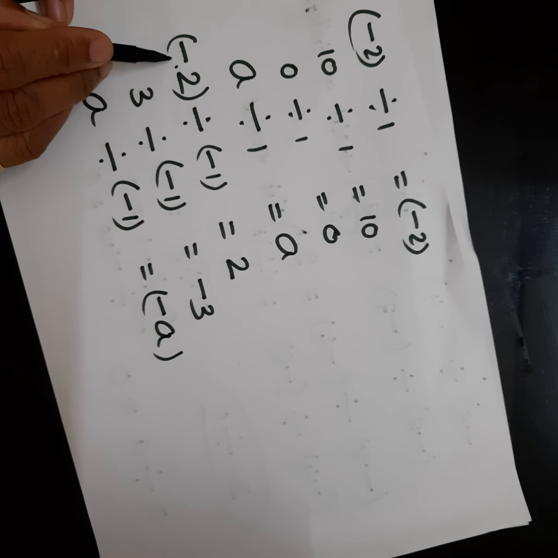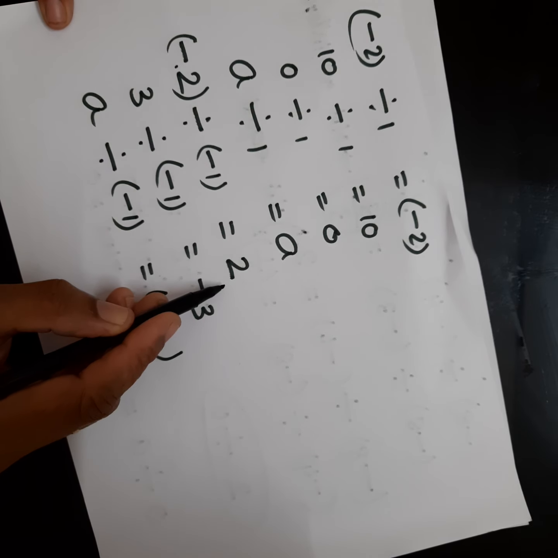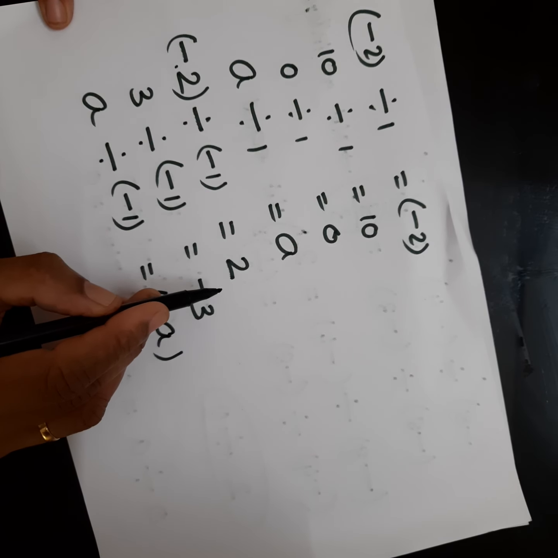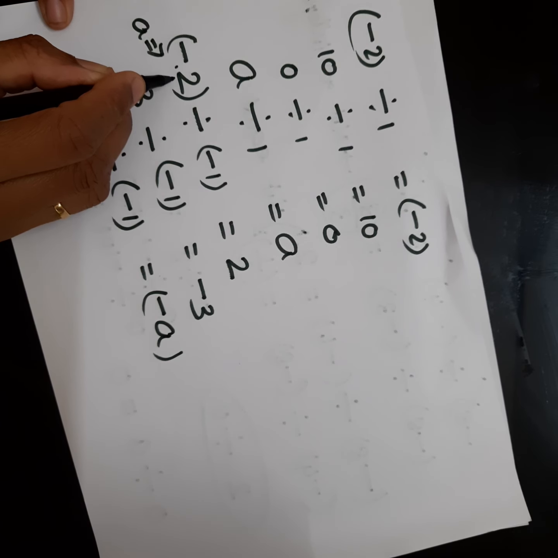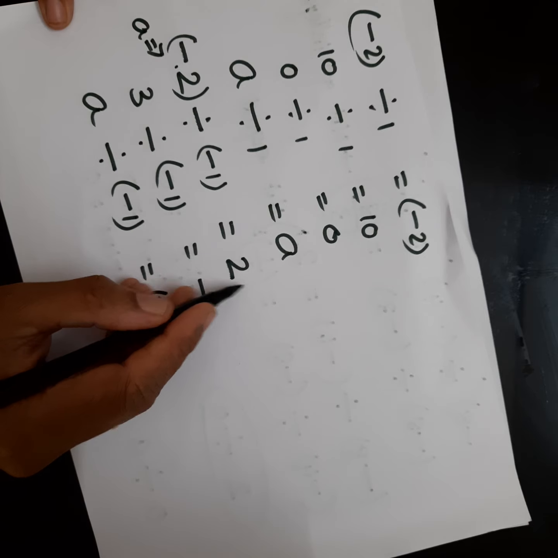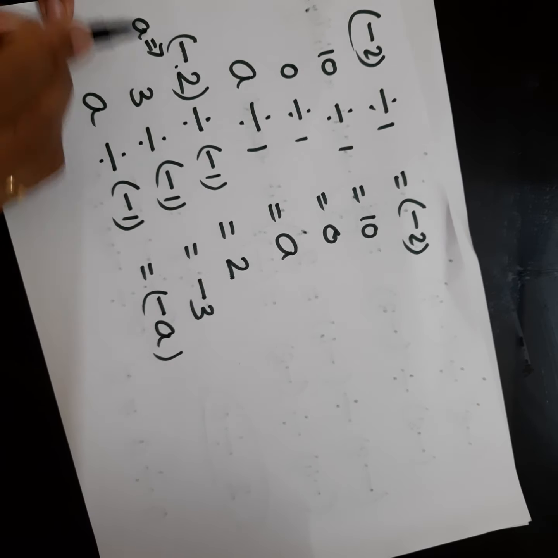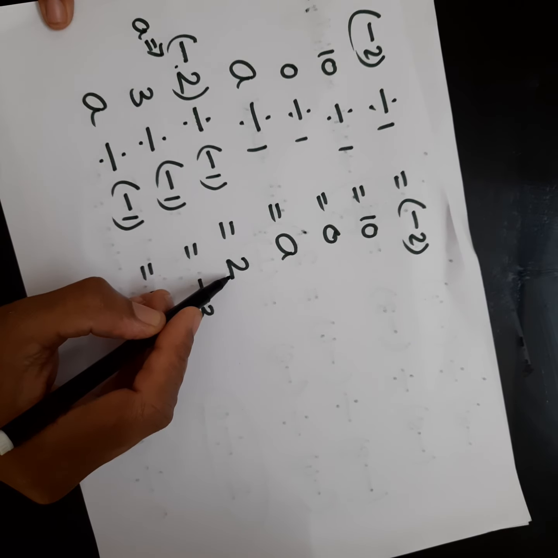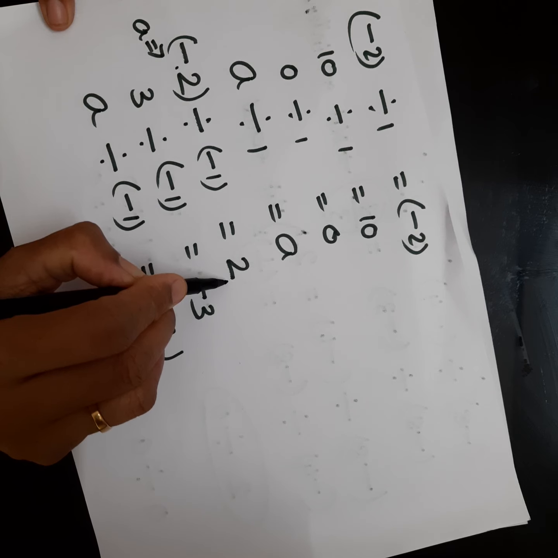Here a is minus 2. If we take minus a in place of a, we get the answer 2. Here a is equal to minus 2. What is 2? Is it a? No, a is not 2, a is minus 2. So 2 is again minus a itself, correct? So those are the properties.